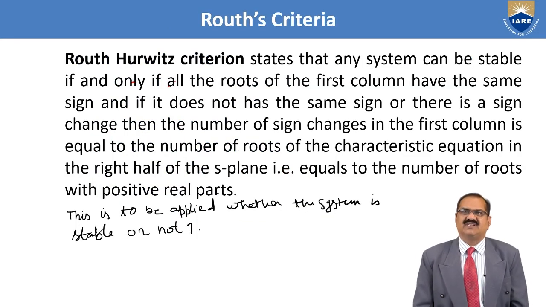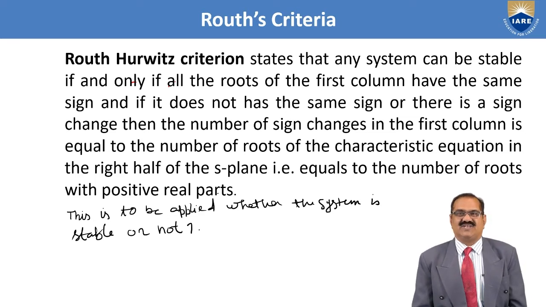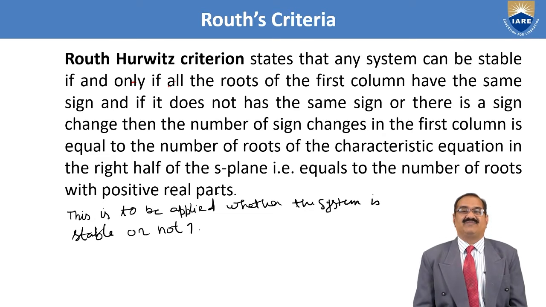Here we have to go first to Routh's criteria. The Routh criteria states that any system can be stable if and only if all the roots of the first column have the same sign, and if it does not have the same sign, or there is a sign change, then the number of sign changes in the first column is equal to the number of roots of the characteristic equation in the right half of the S-plane.